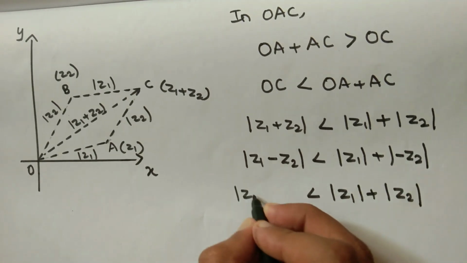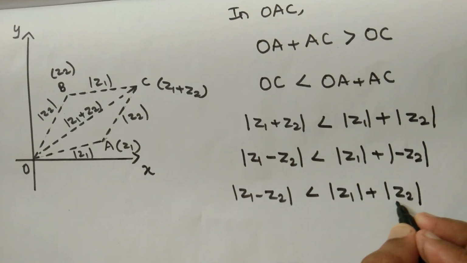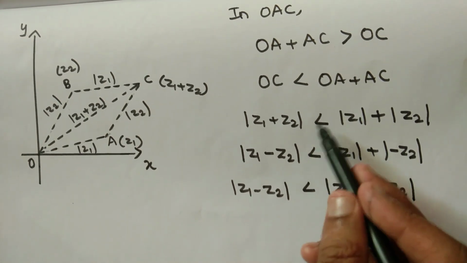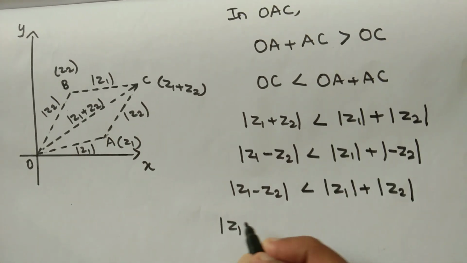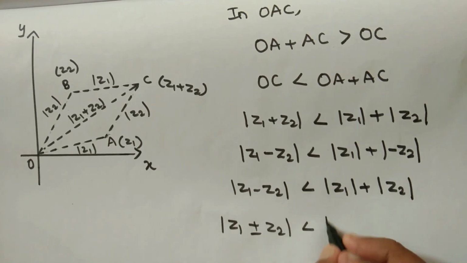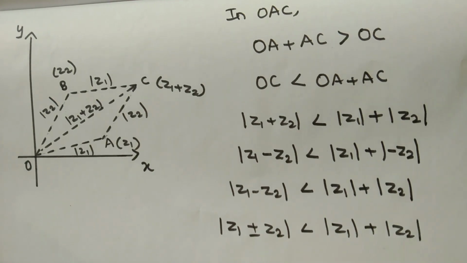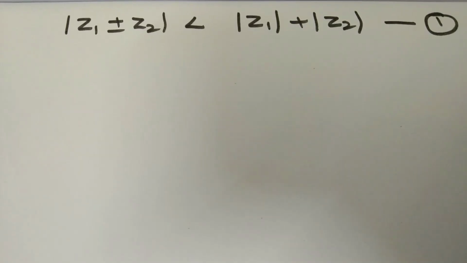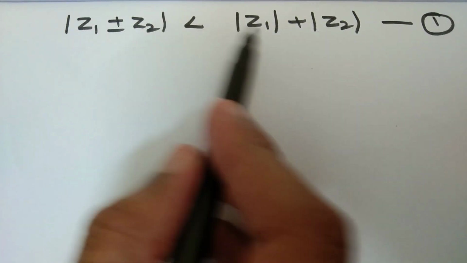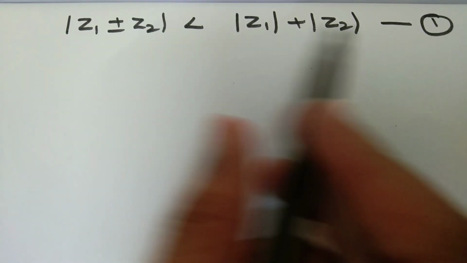So modulus of z1 minus z2 is less than modulus of z1 plus modulus of z2. From these two things we can conclude modulus of z1 plus or minus z2 is less than modulus of z1 plus modulus of z2. This is the first one.